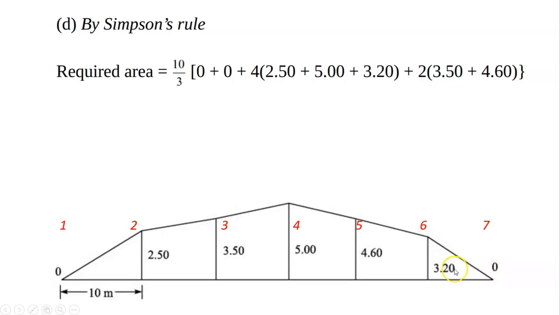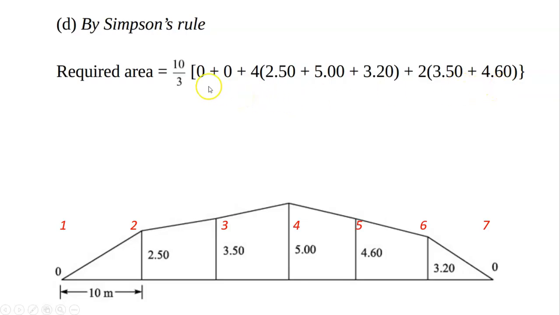We are not considering again, there are only these three values which exist now, plus 2 times the odd values, 3.5 and then 4.6. We are not considering 1 and 7 because anyhow they are listed here. Care must be taken while ensuring whether all the values are written or not.